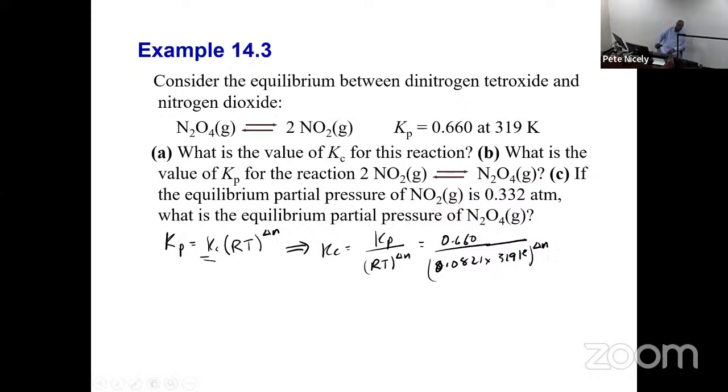So what is delta n again? Delta n is the difference between the sum of the coefficients of the products minus the sum of the coefficients of the reactants. So in the case of this reaction, the sum of the coefficients of the products is 2. The sum of the coefficients of the reactant is 1. So therefore, delta n, let me just erase this here and replace it with the actual difference.